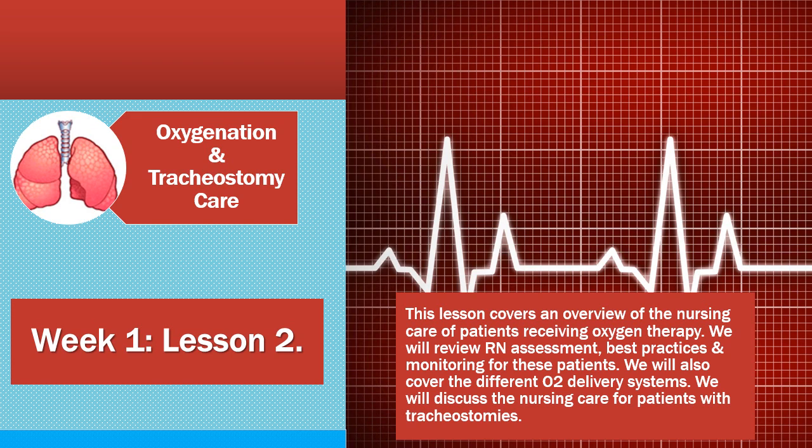We know that oxygen is a gas that's essential for life and is used as a drug with a sick patient to relieve hypoxemia, which is low levels of oxygen in their blood, and hypoxia, which is decreased tissue oxygenation. Conditions outside the respiratory system also contribute to the need for oxygen.